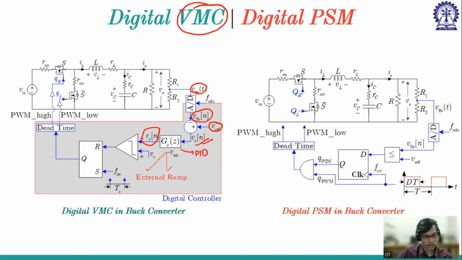Then this is the counter based DPWM, compared with the ramp, which is a counter. This gives us a reset pulse, and the set pulse is the switching frequency because it is fixed frequency control. Then this goes into the dead time block. We have given 60 nanosecond dead time, and then that goes to the high side switch as well as the low side switch.